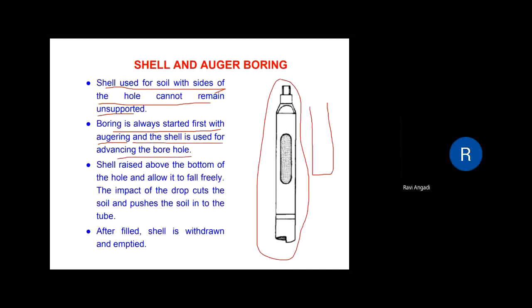Then the shell is raised above the bottom of the hole and allowed to fall freely. The impact of the drop from a certain height cuts the soil and pushes it into the tube, and after filling, the shell is withdrawn and emptied. This is one type of equipment used to collect samples. This is the shell and auger type of boring.